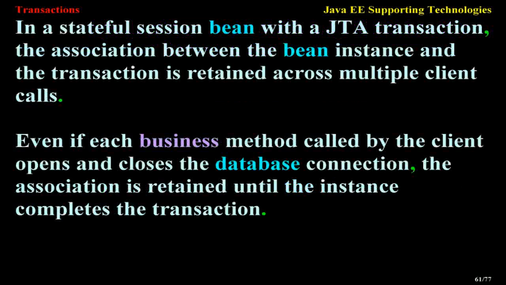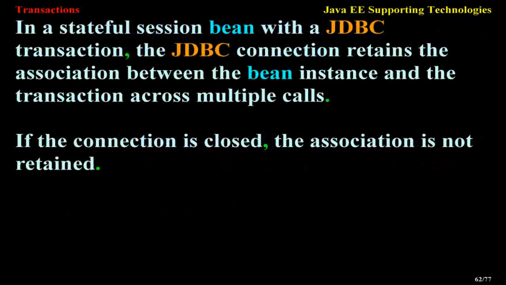Even if each business method called by the client opens and closes the database connection, the association is retained until the instance completes the transaction. In a stateful session bean with a JDBC transaction, the JDBC connection retains the association between the bean instance and the transaction across multiple calls. If the connection is closed, the association is not retained.